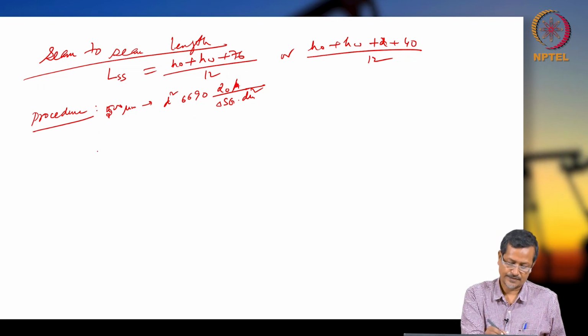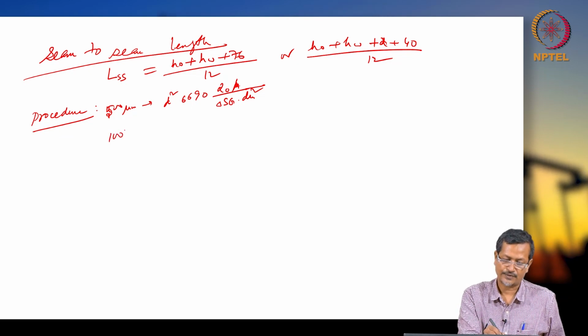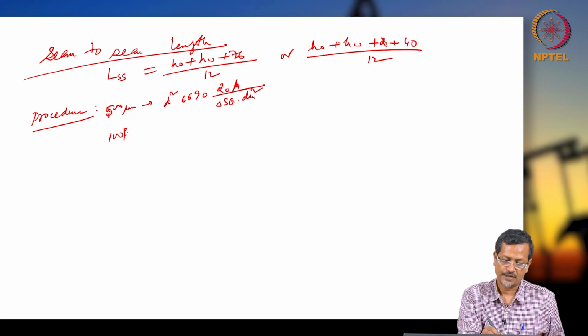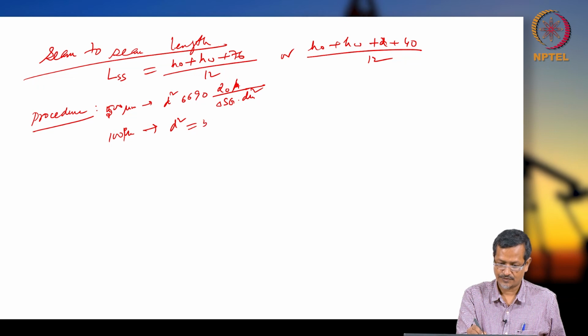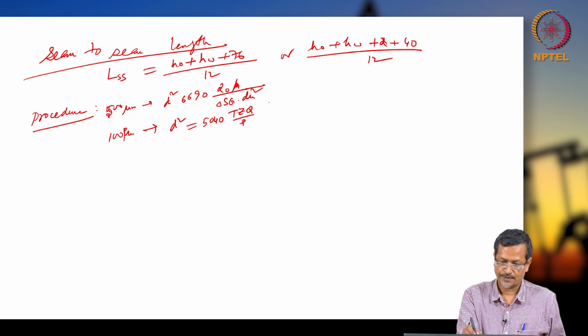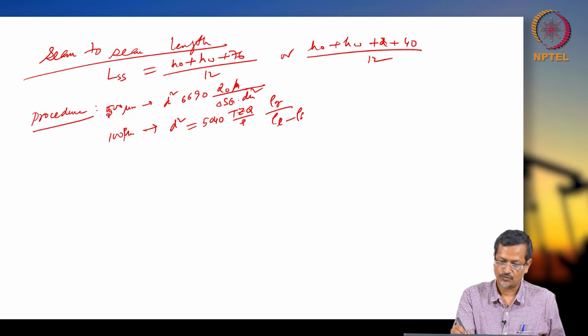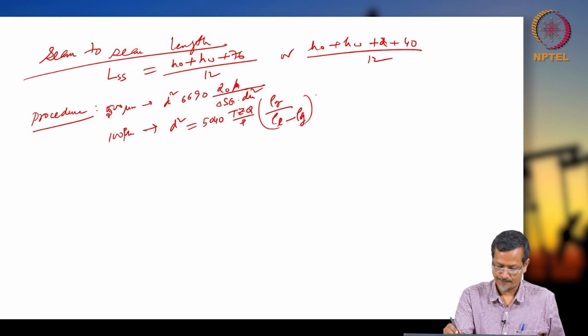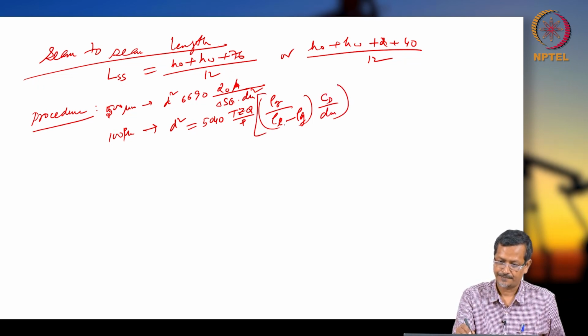Again, next you calculate the minimum diameter from the requirement of an oil droplet falling through gas. So 100 micrometer you are using. The d square formula is like this: d square equals 5040 TZQ by P, times rho G over rho L minus rho G, times CD by dm, to the power half.